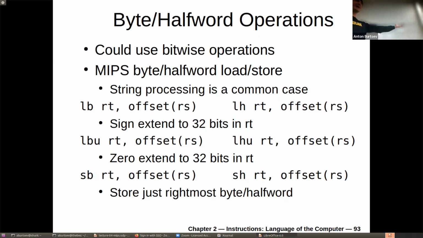However, this MIPS hardware has specific support for this, because as I was mentioning, ASCII is just 1 byte. Up until now, we were talking about load and store instructions, which load the whole 4-byte value. So the hardware provides a couple of things.